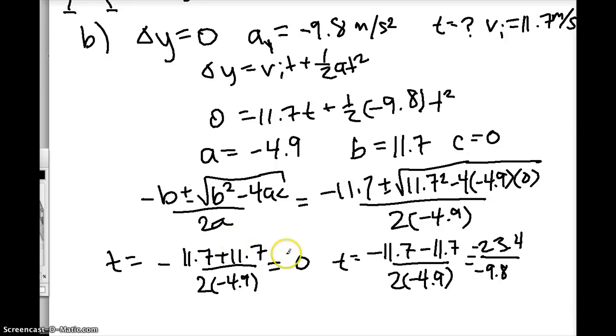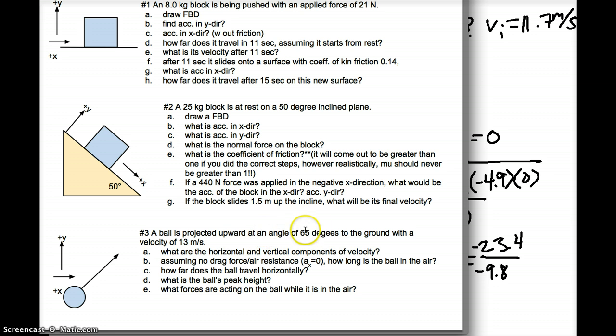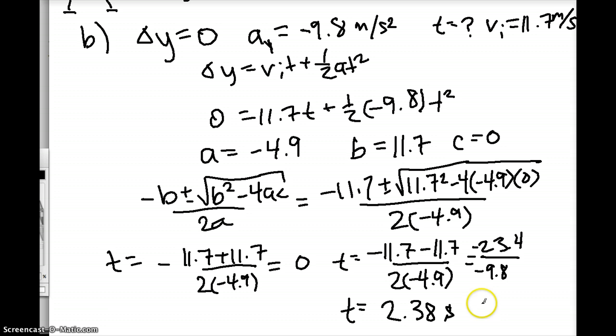And the amount of time it takes in the air to land is 2.38 seconds. For our final answers, I want to check back and see how many sig figs were given, and it looks like everything was given to 2 sig figs. So my final answer may be 2.4.